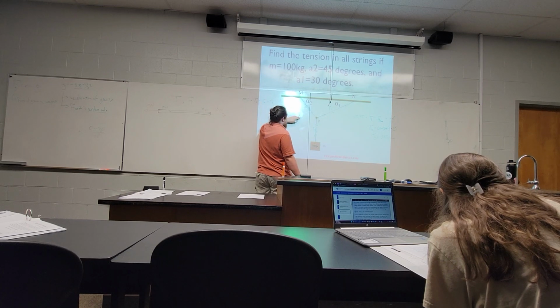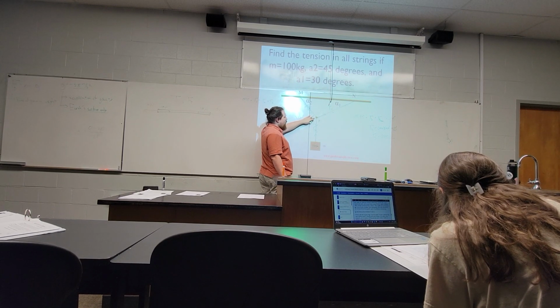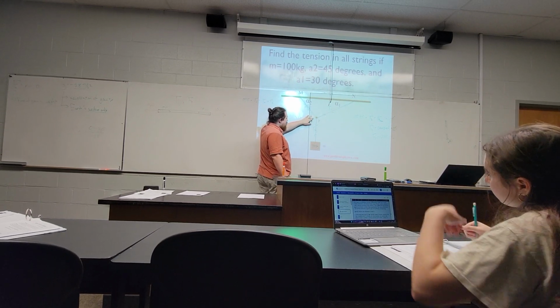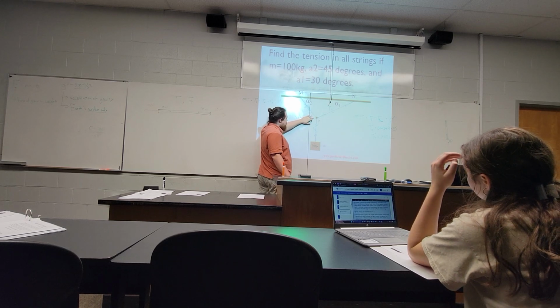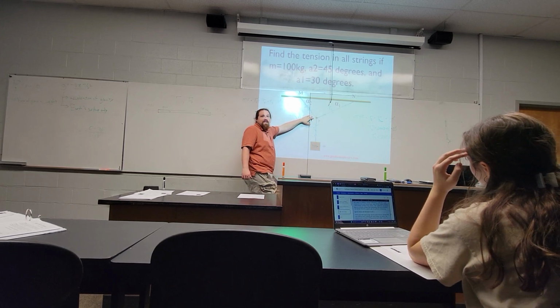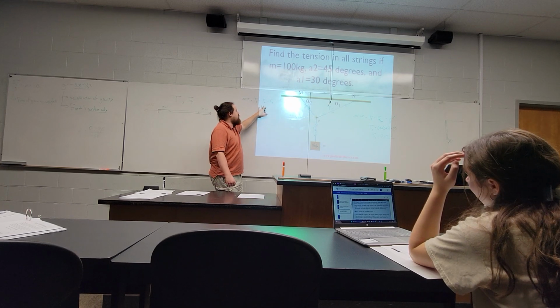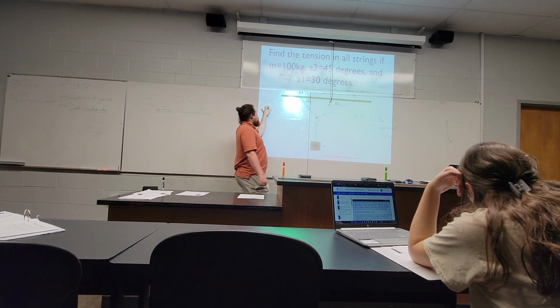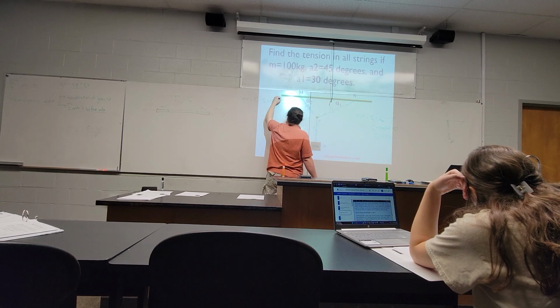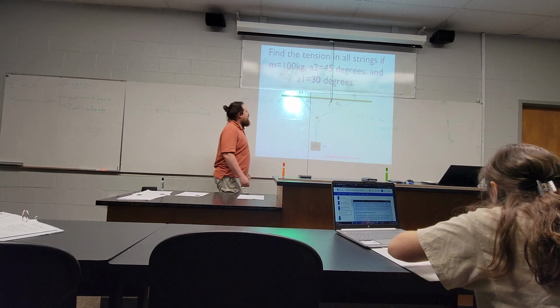They are all tied together at this point, all pulling away from this spot, so they are all acting here. And once again, if the point of this system is to keep everything locked in place, what must the net force be? What must all these tensions add up to? 0, very good. So all these forces must again be adding up to 0.